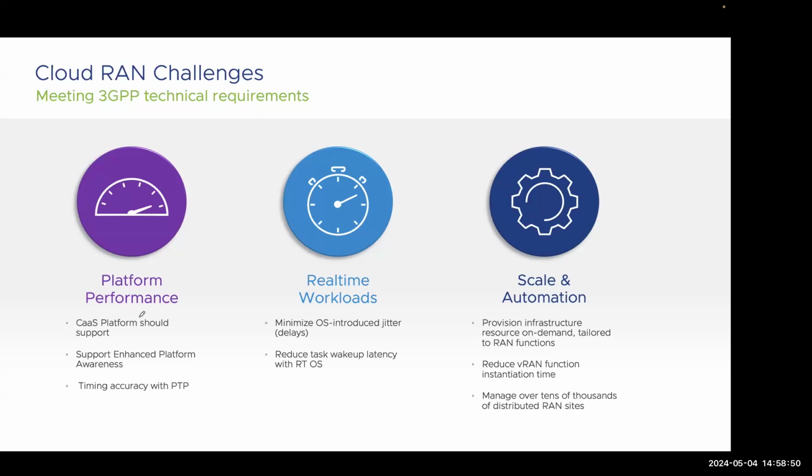We are speaking about accelerators, because certain parts in the layer 1 of the RAN stack cannot be done with normal CPUs. We need a dedicated GPU, which we call the accelerator, to do forward error correction and channel coding.